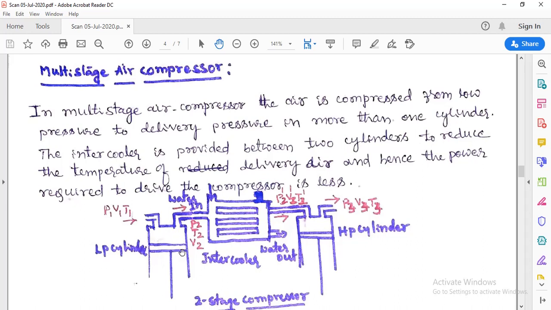So the pressure increase is 5 bar. Assume that this cylinder consumes 5 kilowatt. Next, assuming there is no intercooler, the air enters the second cylinder at 6 bar pressure. Here its pressure will be increased to 11 bar. Again 5 bar pressure is increased.